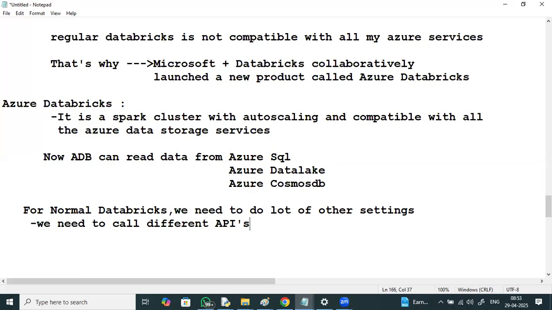See, Databricks is not only available for Azure; Databricks is also available for AWS and Google.